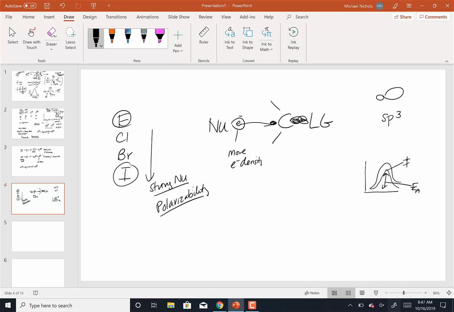And the beauty of the leaving group is, when you're looking at leaving group ability, whether something is a good leaving group or a poor leaving group, it's totally based on one thing. Leaving group ability is based on basicity.